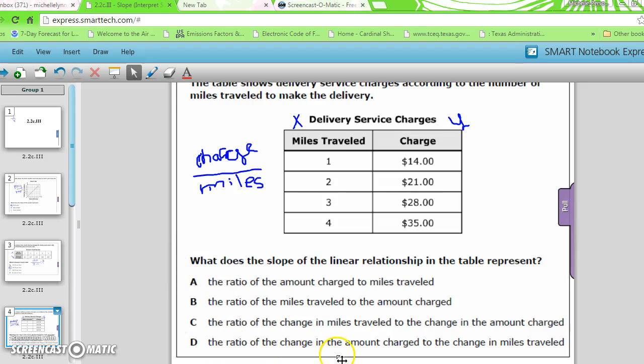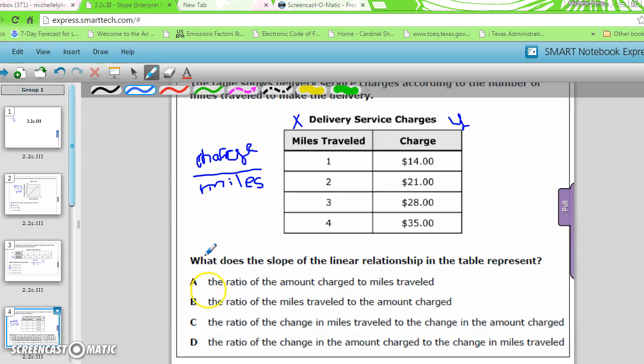The ratio of the change in the amount charged over the change in miles traveled is your slope. So it's charge over miles. So that really got you down to A or D because we knew it was charge over miles. But the key here, it's the ratio of the change here and the change here. So that's why your answer is D.